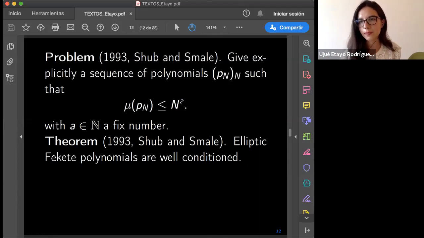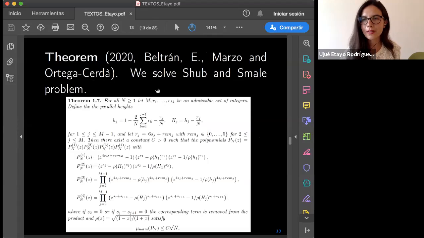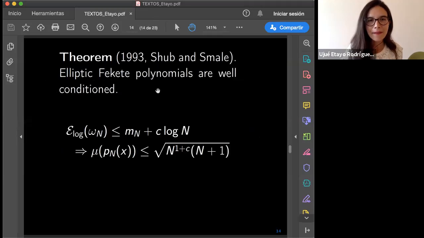So not even polynomial, but sublinear growth. Okay, so we were able to solve this problem, but the previous one remains open. And the techniques that we use for this cannot be applied for solving Smale's seventh problem for the moment. We need more.